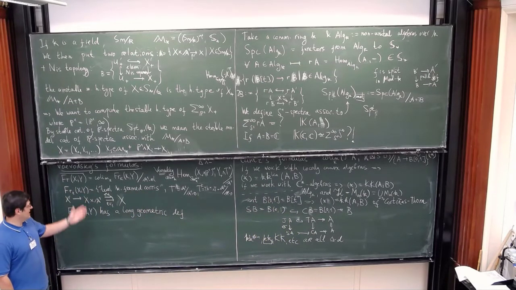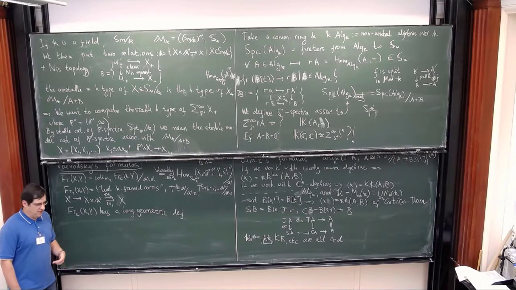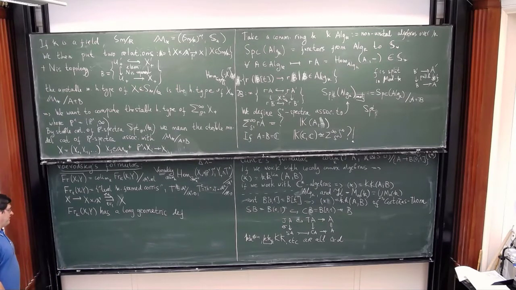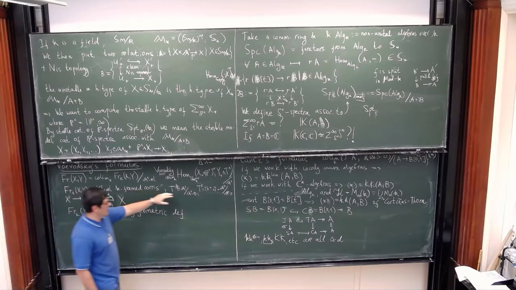Just take this set, framed bar, and it turns out it is a category. In fact, there is a more general category of Voevodsky, but here I'm writing this on purpose, modulo stable and modulo A1.